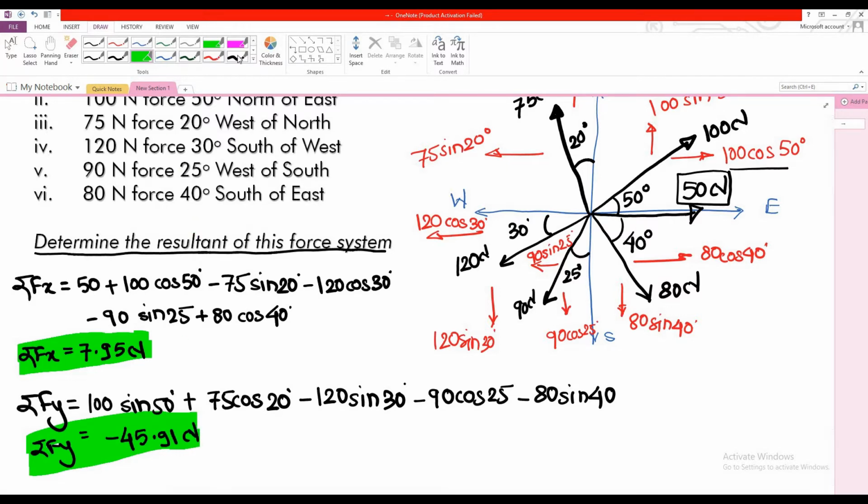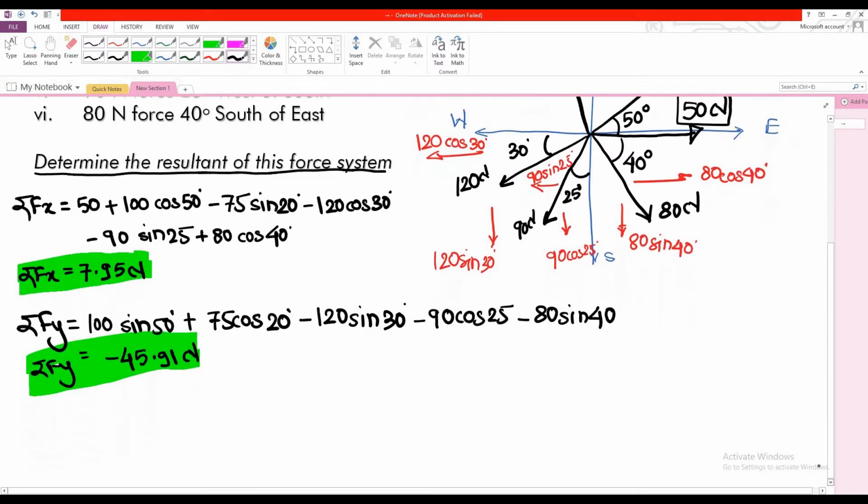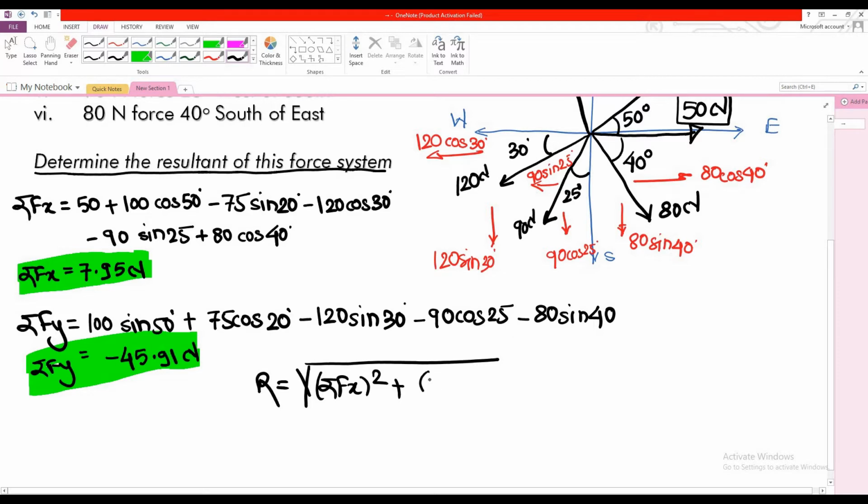Okay, now let's try to determine the magnitude of the resultant. How do we do it? R is equal to the square root of summation Fx square plus summation Fy square. Now we are having the values of summation Fx and Fy.